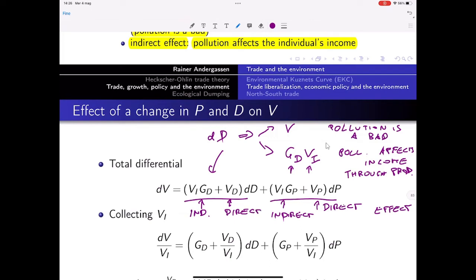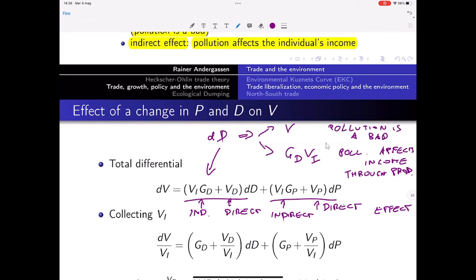Because this second part here is the price effect. So is it clear? What I said is correct; it just referred to the first part, not to the second part. I just used the wrong symbol. The same happens for the price, because the price has a direct and an indirect effect.